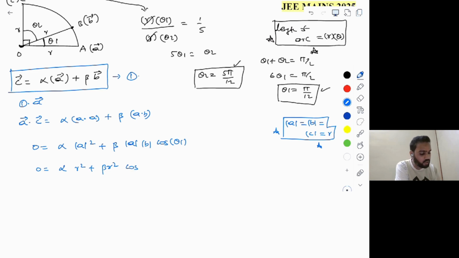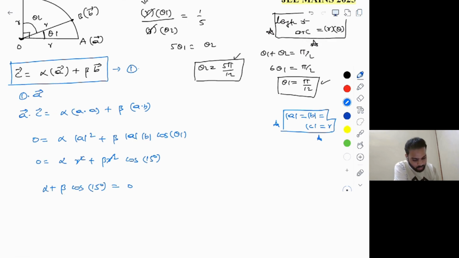But what is theta 1 here? Pi by 12. So what is pi by 12? 15 degrees, right? So finally, if I cancel out r square, we get one equation. That is alpha plus beta into cos of 15 degrees is equal to 0. Okay. So we get one condition in terms of alpha and beta.